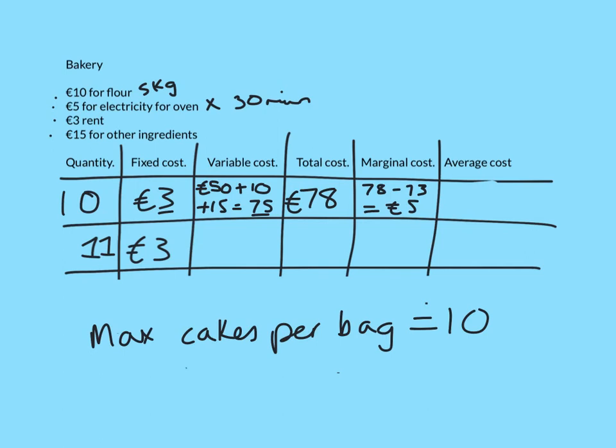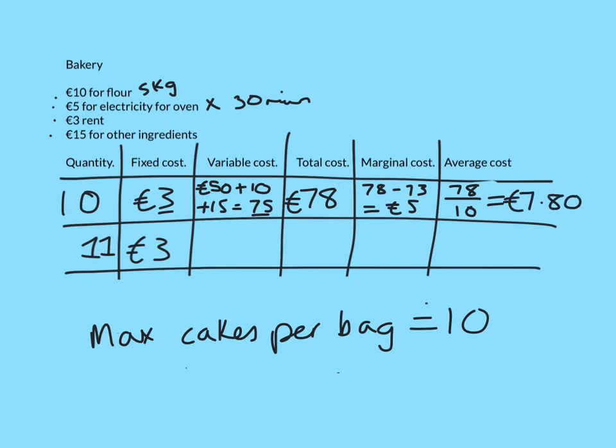That's not always the case, because obviously if we talked about labour here, or maybe other ingredients, that would increase as well. So €5, and now we have the average cost is 78 divided by 10, and that gives us €7.80. So why am I going this far?